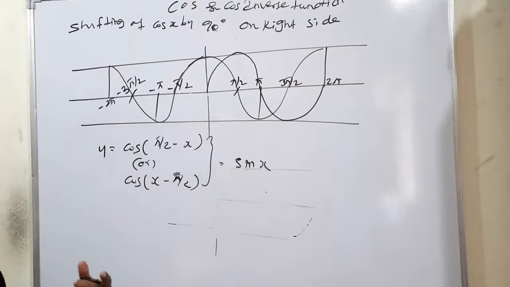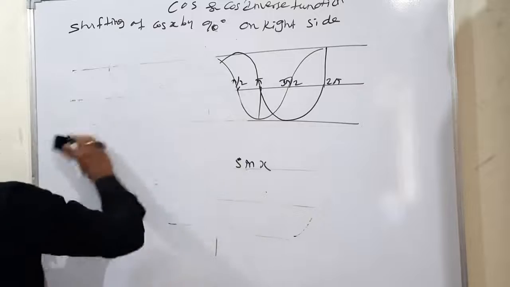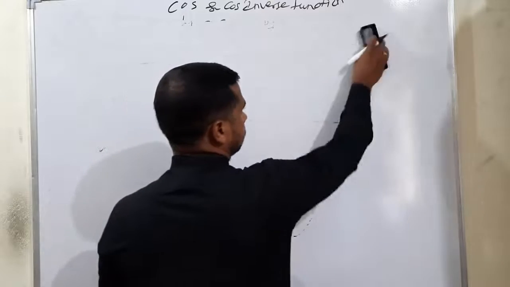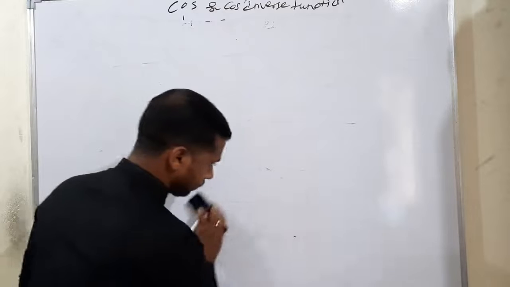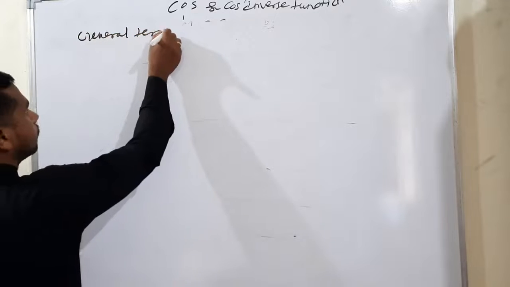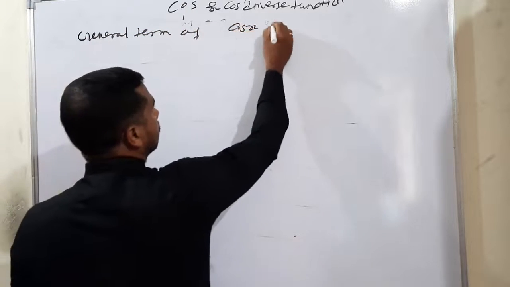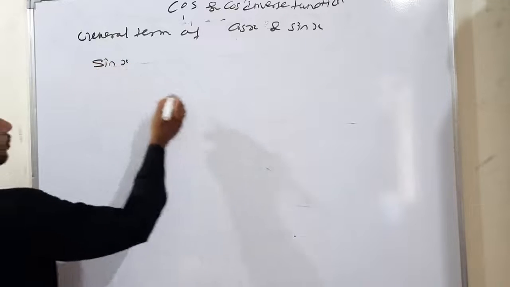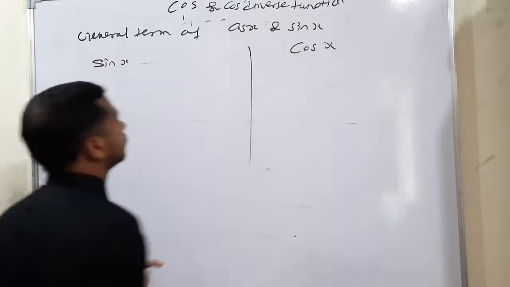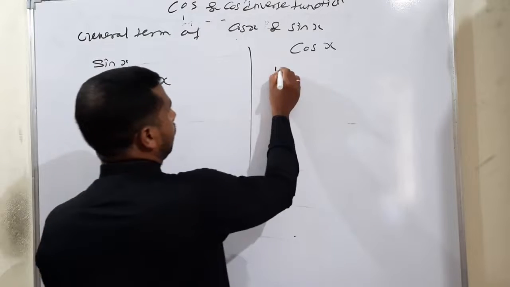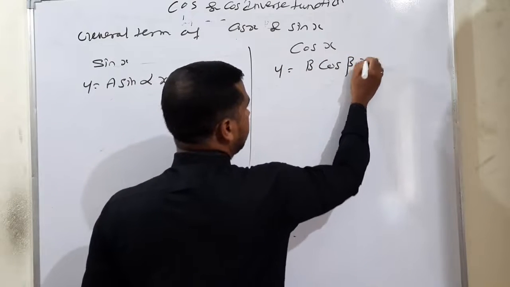I am moving to the continuation of the general term of cos x and sin x. y is equal to a sin alpha x, then y is equal to b cos beta x.